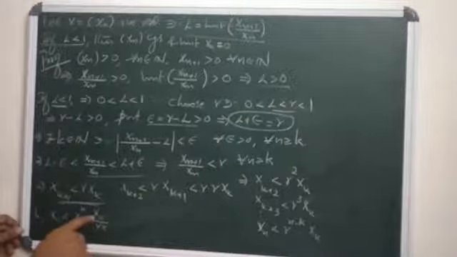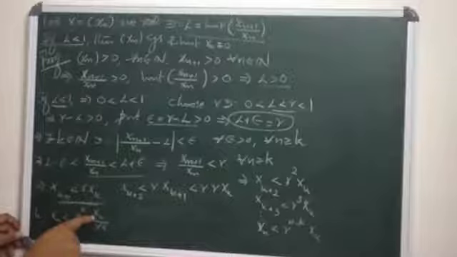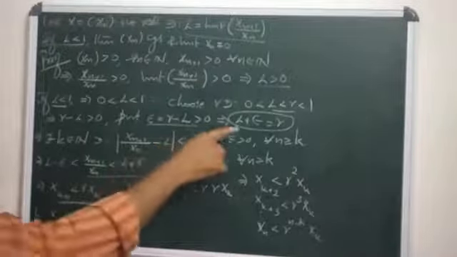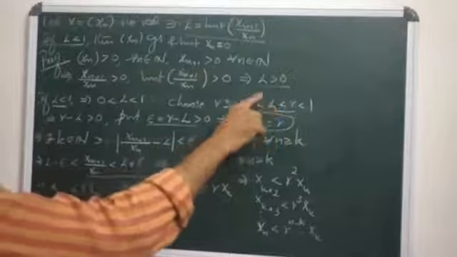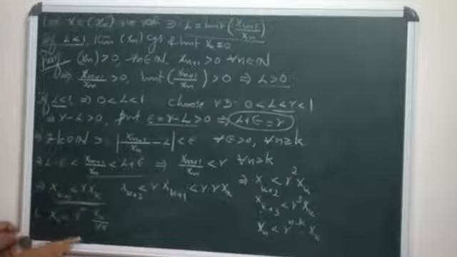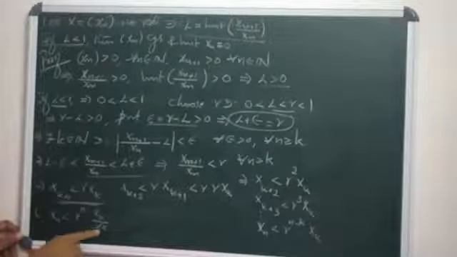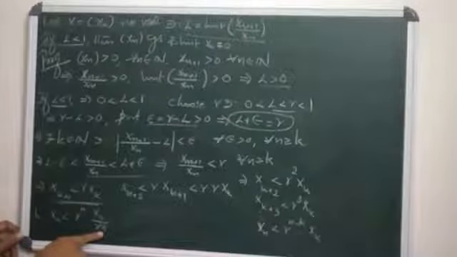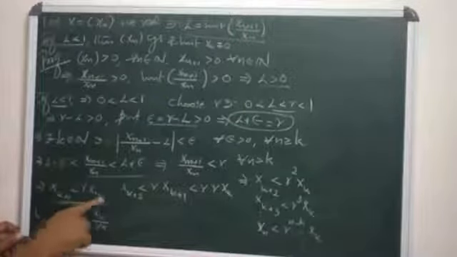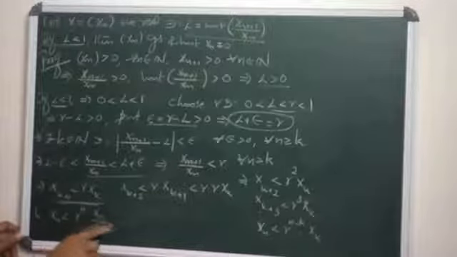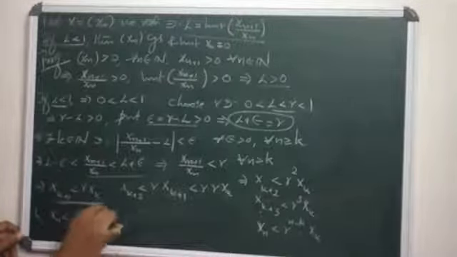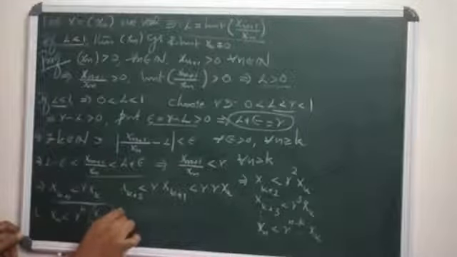What is x_k? It is a sequence of positive reals. So x_k is a positive real number. What is r? R lies in between 0 and 1. So since r is also positive, therefore r^k is positive. Why? Because k is a natural number. Then x_k by r^k is positive. Replace this x_k by r^k by some c.